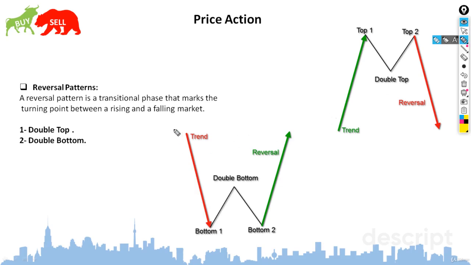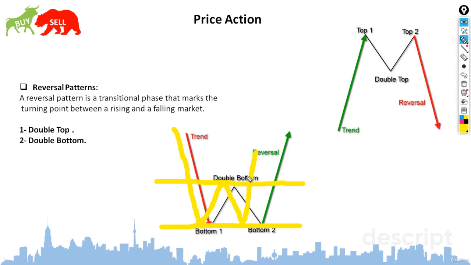As we can see here, we have a downtrend, a bottom, this is the top, and the market will draw another bottom. It will try to break down this previous bottom, and it cannot do that and reverses up. We can confirm that this is a true double bottom after it breaks up the previous top and tests the previous top. So we qualify this as a confirmed double bottom.